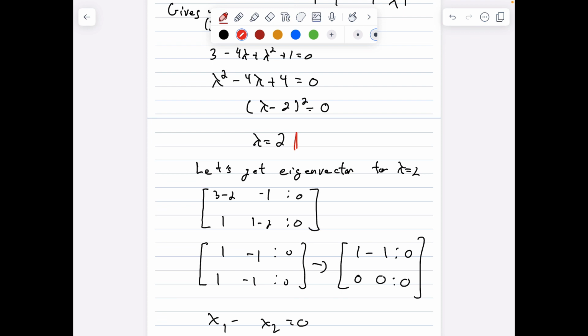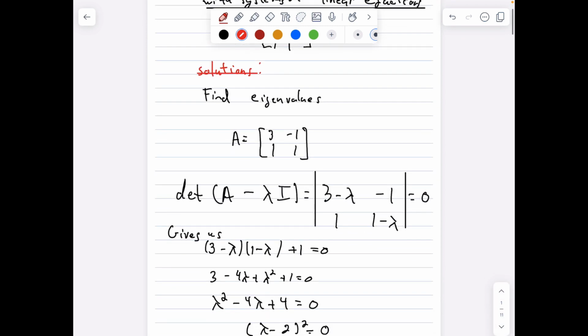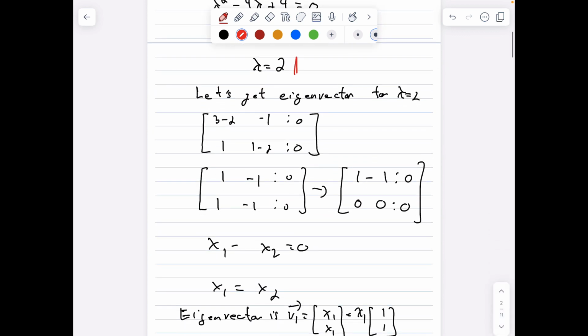When you put lambda equals 2 into the system, which is A minus lambda I equals 0, if you haven't reviewed eigenvectors or forgot them, I highly suggest you go and review that, because this whole topic is going to be centered around eigenvectors.